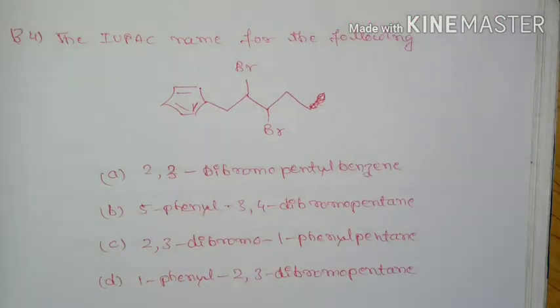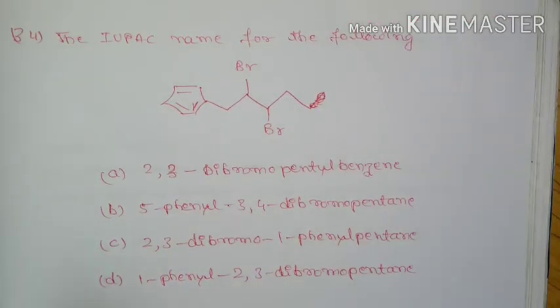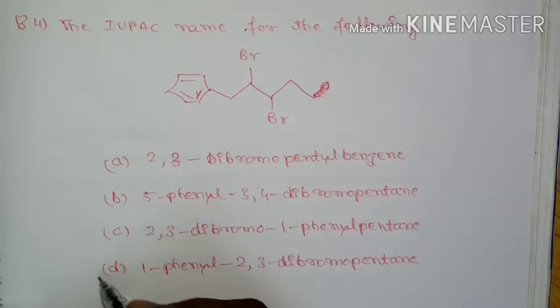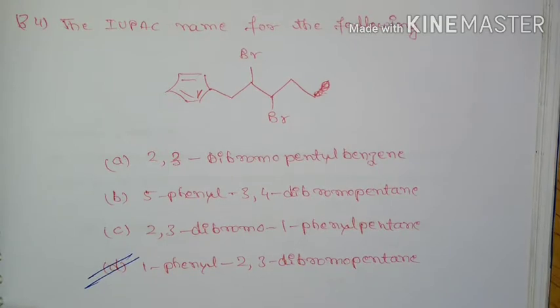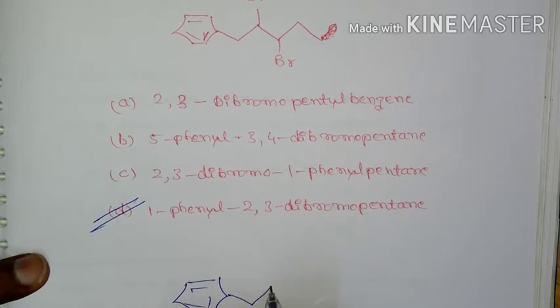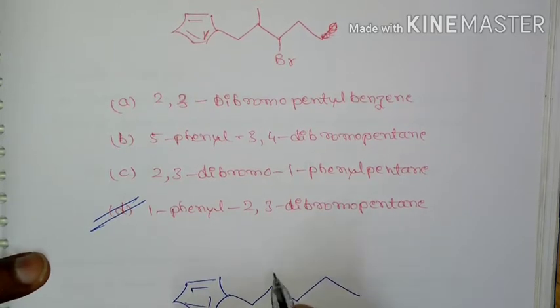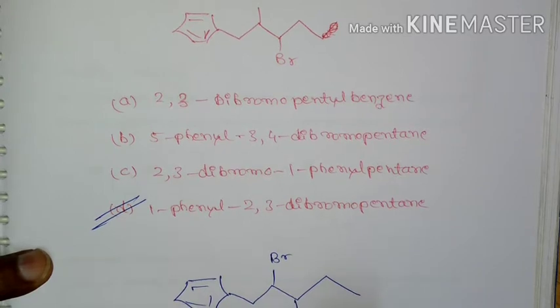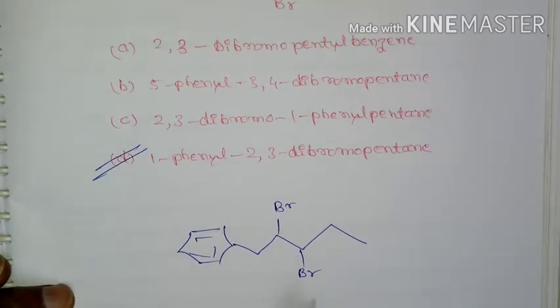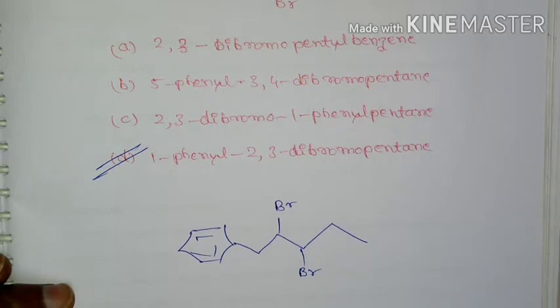Next, the IUPAC name for the following compound. The IUPAC name for this compound is 1-phenyl-2,3-dibromopentane. So I will write this structure once. Here phenyl and bromo are going to act as substituents.